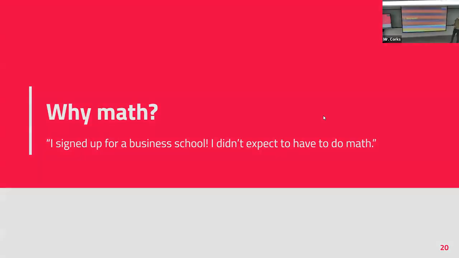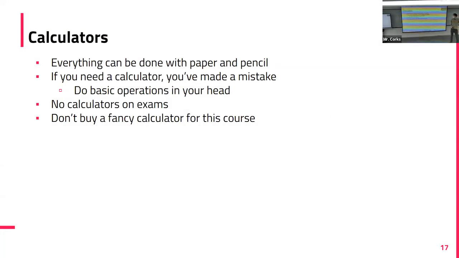Other kind of just big course organization thing. The midterm and the final exam, you are not going to be allowed to use calculators. So when you're doing homework or doing practice questions, try to not use a calculator. If that's a habit that you have, try to slowly change that.